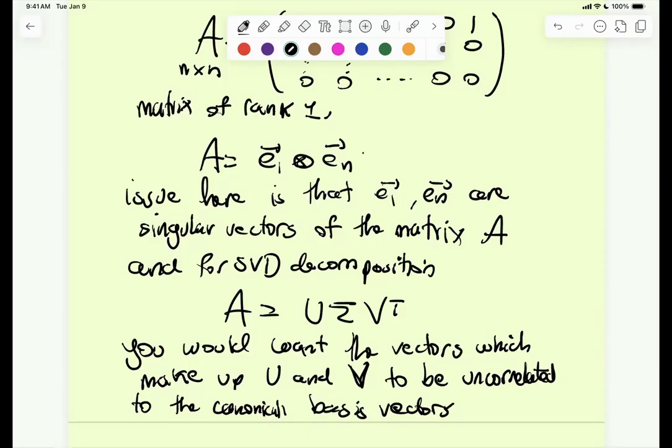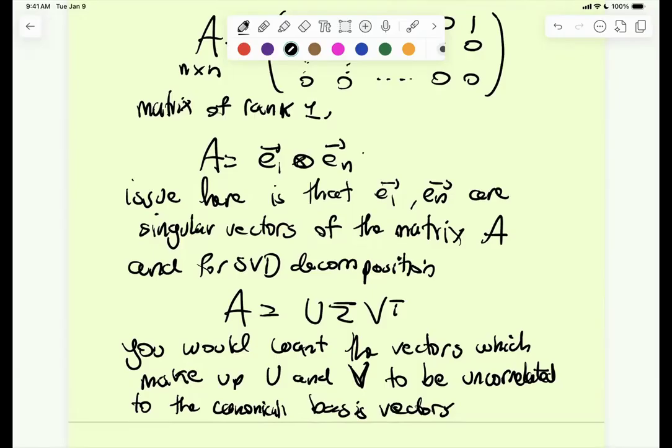So you want more of a random distribution of the singular vectors, constructed in a uniform way from the basis vectors in some way. And there's a more precise way to define that, which is called the coherence of a matrix.